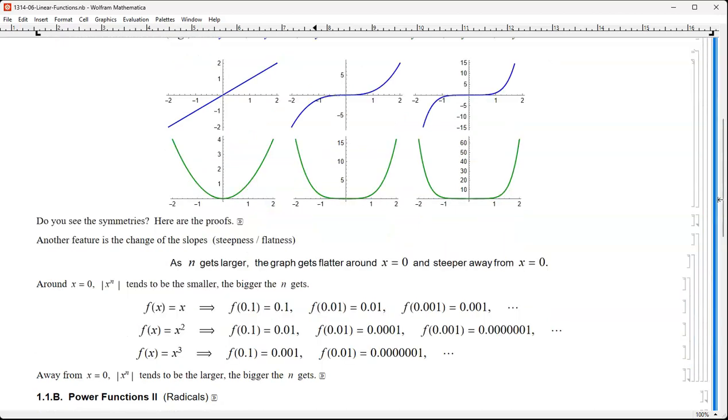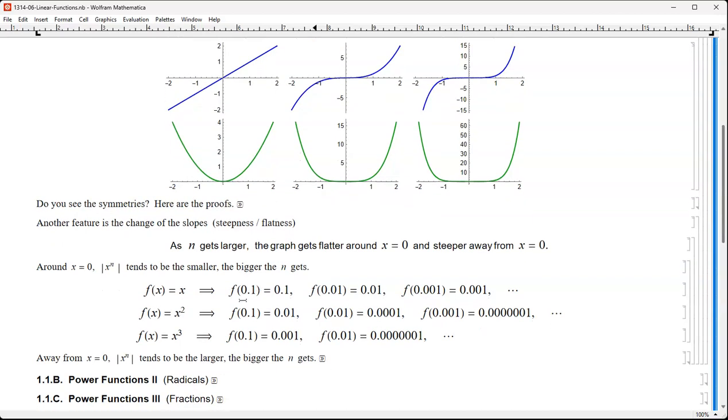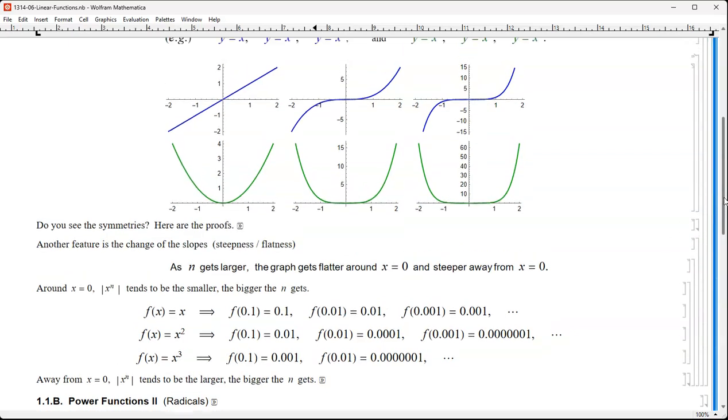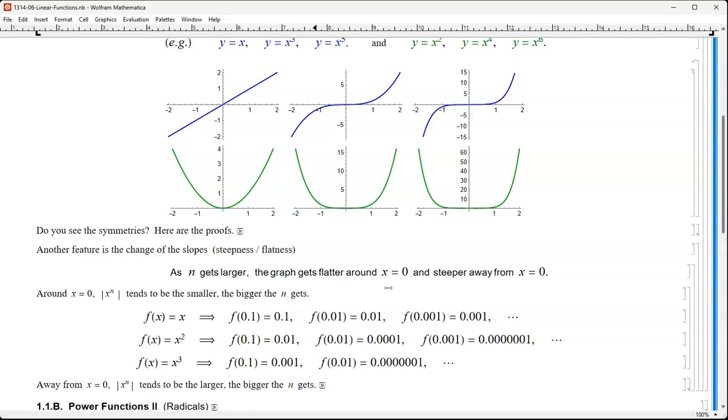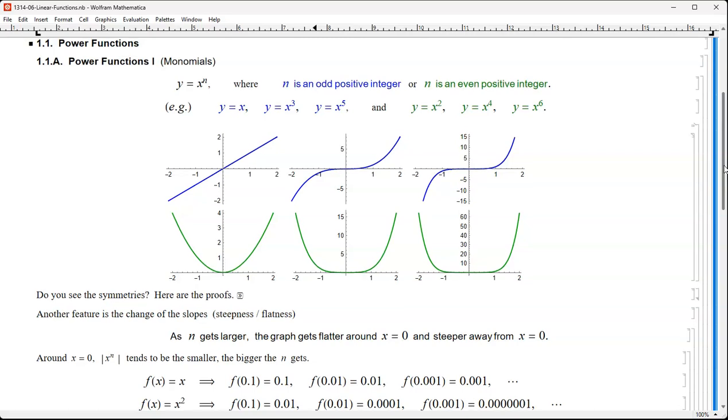When x is pretty small, which means x is pretty close to 0, consider 0.1, 0.01, 0.001. Those are the x values. If you take the first power, then the y value will stay the same. So 0.1 stays at 0.1, 0.01 stays at 0.01, and 0.001 stays at 0.001. Nothing fancy. We just go down to 0. That's what happens for the first power. Now what if you have the second power?